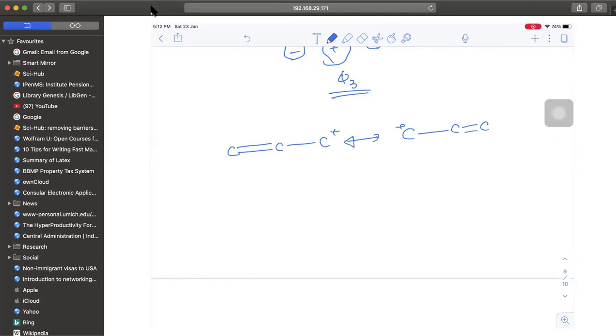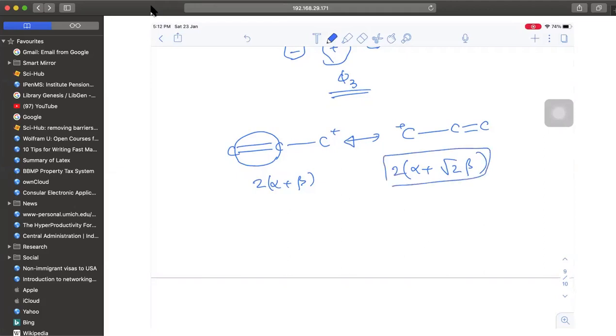So now you say that here there is an ethylene-like pi system. So if you think of the energy of this system, it is just the energy of an ethylene-like system, which is 2 times alpha plus beta. But the actual system has a molecular orbital with energy alpha plus root 2 beta, right? And it has 2 electrons. Therefore, the actual system has so much energy, while the energy of a particular resonance structure is only so much.